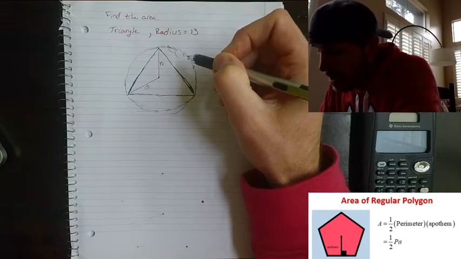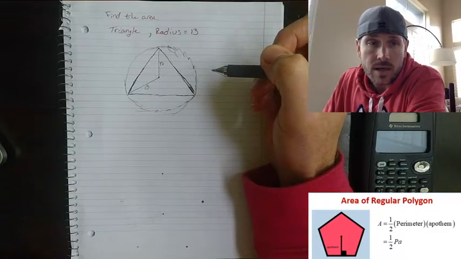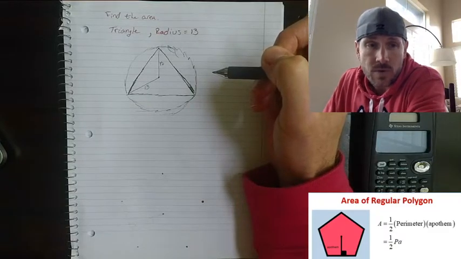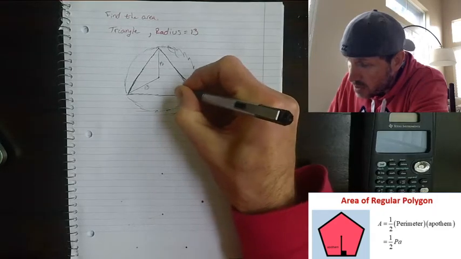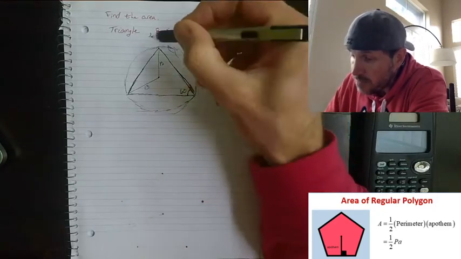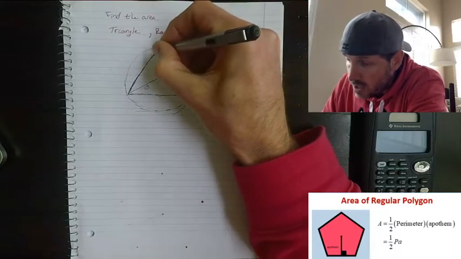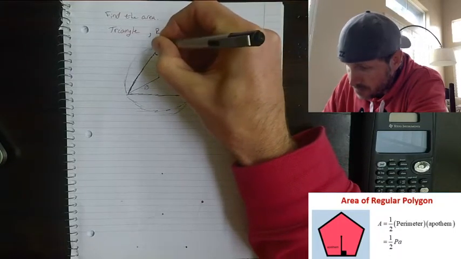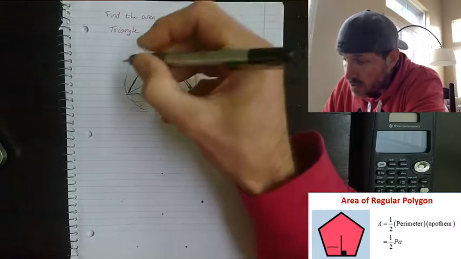Now, this triangle is equilateral, which means all the angles are the same. So this angle here would be 60. When I draw in that radius, I'm bisecting it, making this angle here 30 degrees.